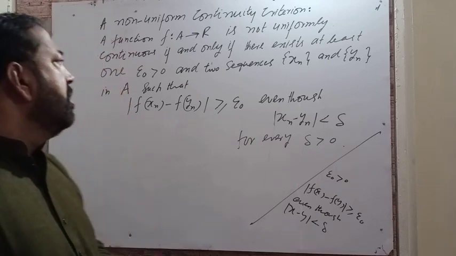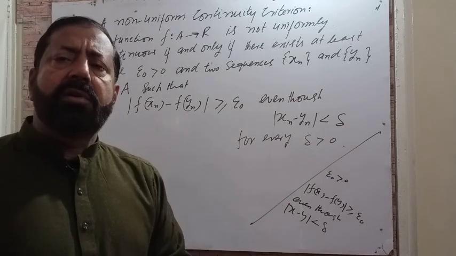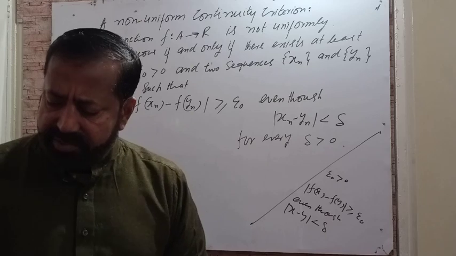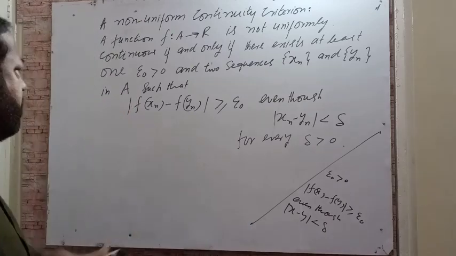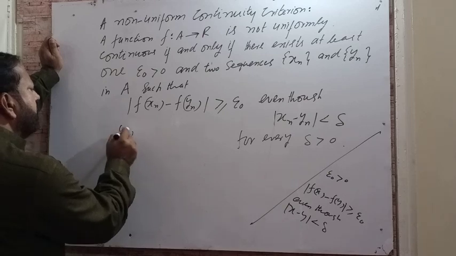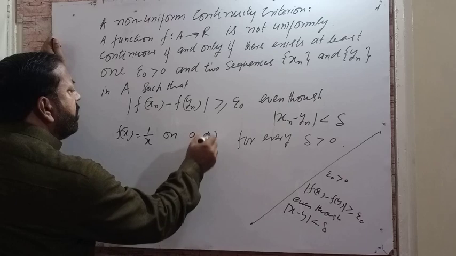You can also apply this criterion to show that a given function is not uniformly continuous. I have one example. Say f(x) equals 1 over x on (0, infinity), which is your domain.